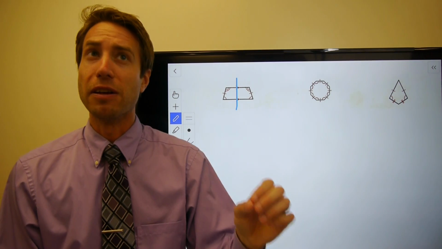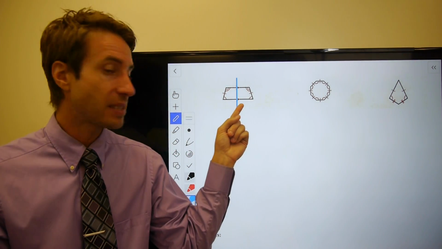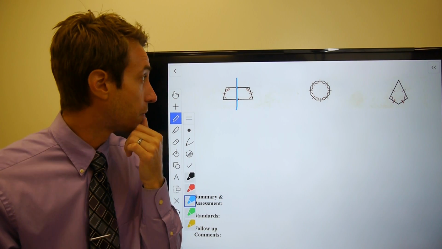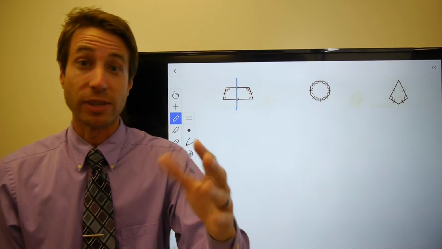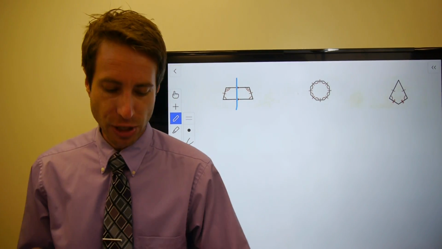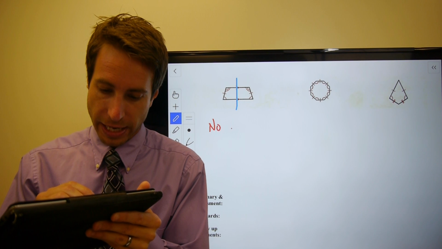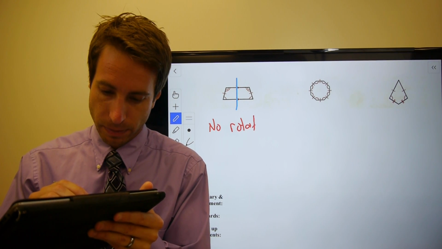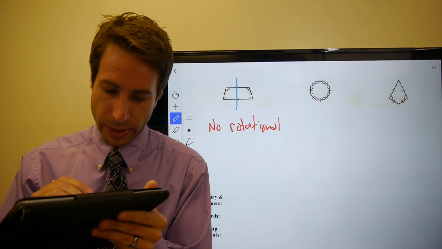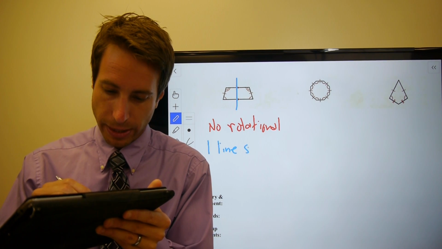Is there any degree of rotation less than 360 that maps this object onto itself? Hopefully you can see the answer is no. You'd have to go all the way around to map this object back to itself. So there is no rotational symmetry, but one line of symmetry.